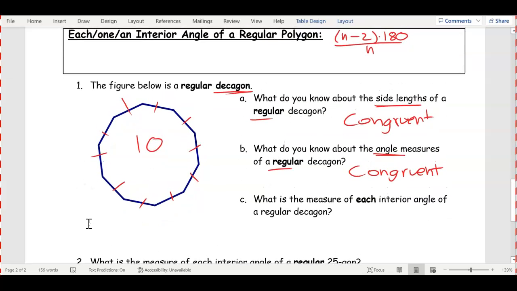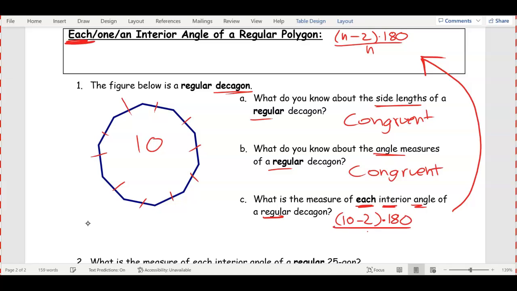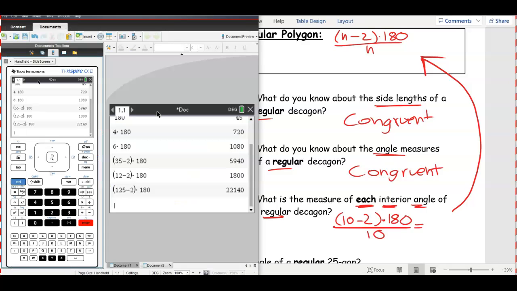Now, letter C. Do you see how it says each interior angle? What is the measure of each interior angle of a regular decagon? I'm not using the sum equation from the top. I'm going to use this new one right here, because it says the word each. So I'm going to plug in 10. 10 minus 2 times 180 divided by 10. So let's do that.